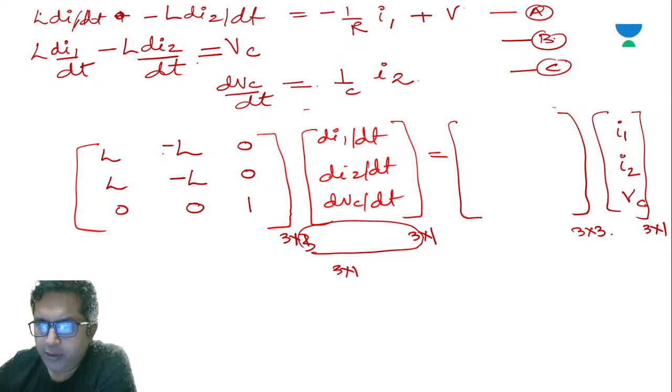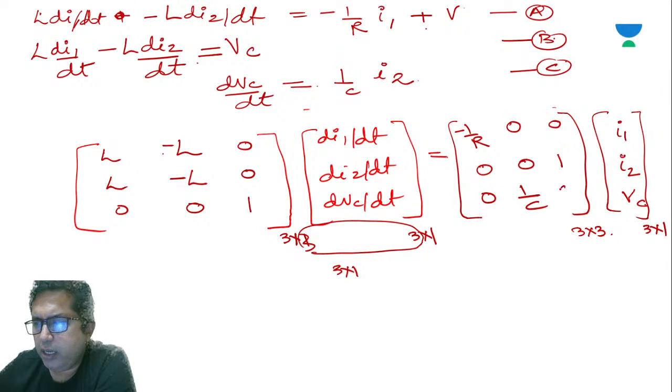So let us say, I1 term, equation A, right hand side, minus 1 by R. I2 term 0, vc term 0. Here 0, 0, vc term is 1. Okay. Here 0, 1 by C, again 0.